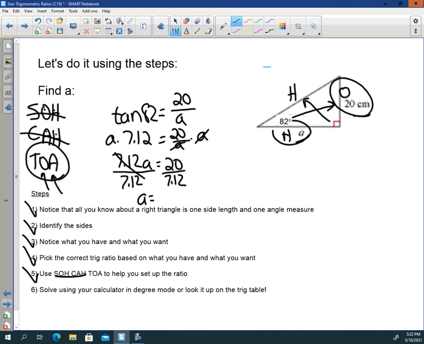Is that right? 20 divided by 7.12. Yep, 2.8. And there you go. There's the length of your side, centimeters. So just keep following these steps. It'll walk you through how to do right triangle trig, and that's all there is to it.